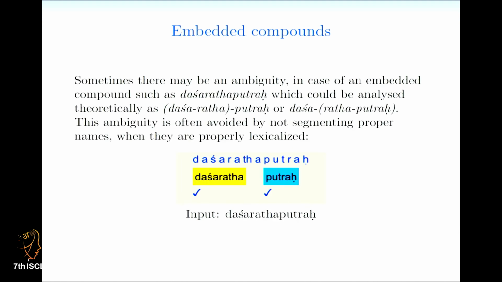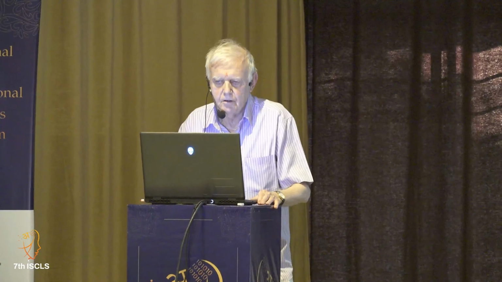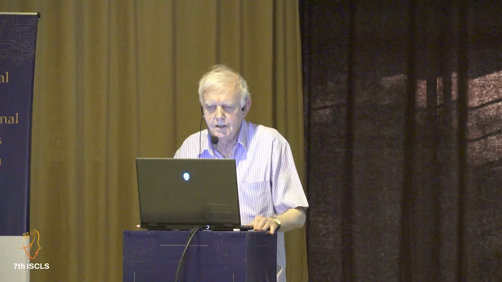Okay, so far so good. And now there may be ambiguities in compounding. When you have an embedded compound such as dasharata putraha, then it could be theoretically analyzed as dasharata putraha or dasha rata putraha.